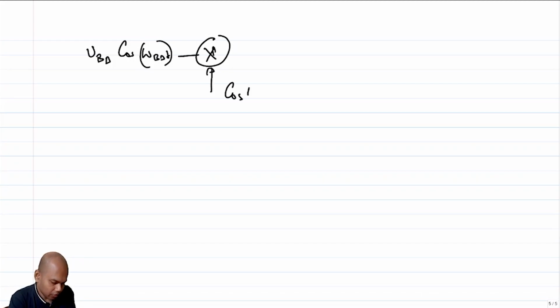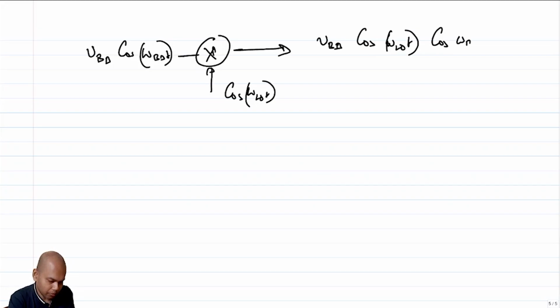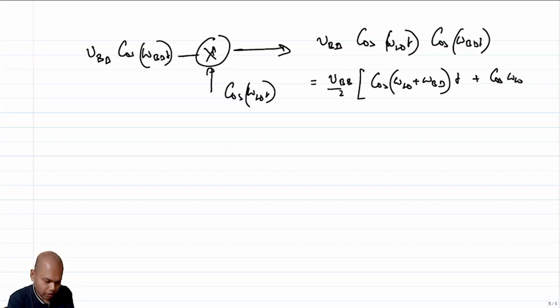So what is the root cause? The root problem is we are having a signal V_BB cosine omega BB t, and I am multiplying with cosine omega LO t. So this is generating the signal V_BB cosine omega LO t times cosine omega BB t, which means I can break it up into cosine omega LO plus omega BB plus cosine omega LO minus omega BB.